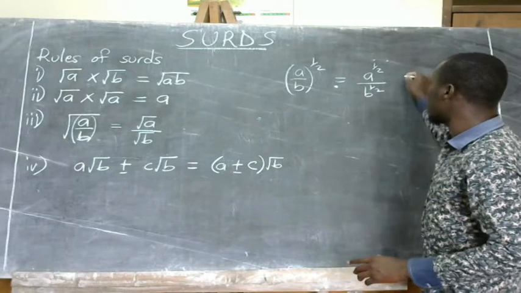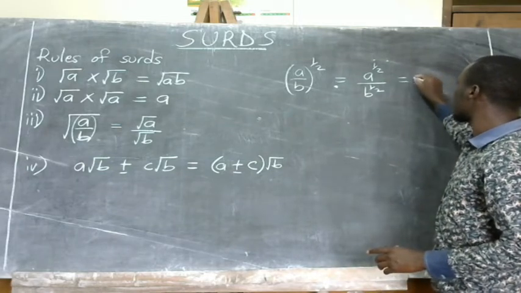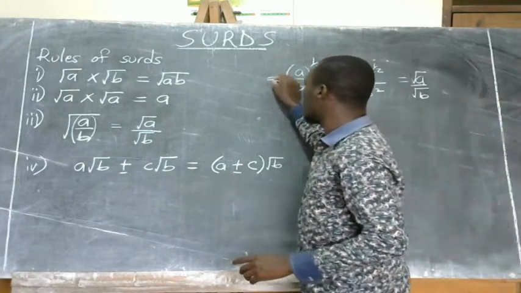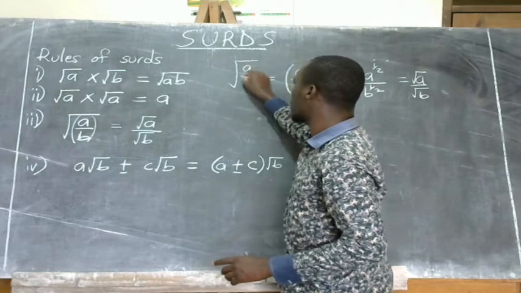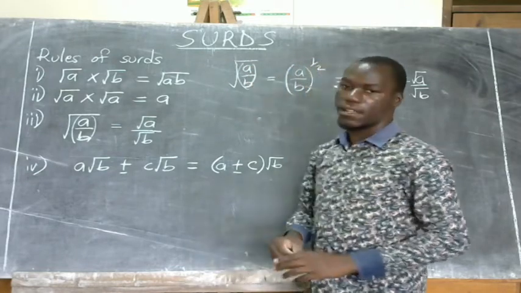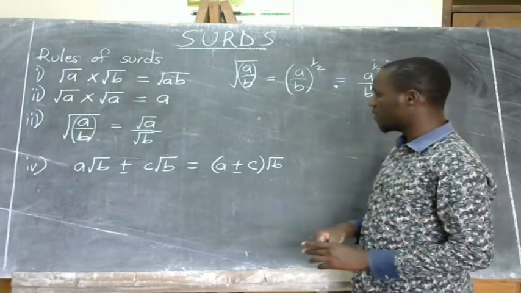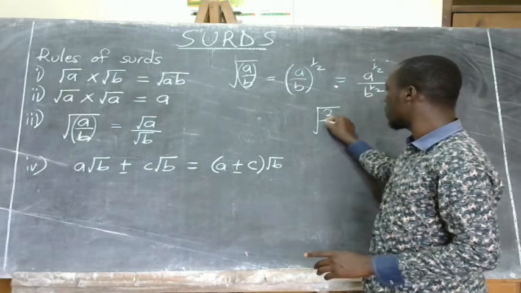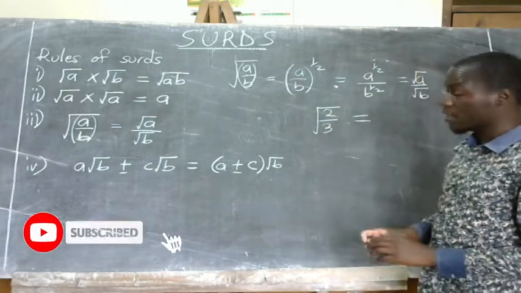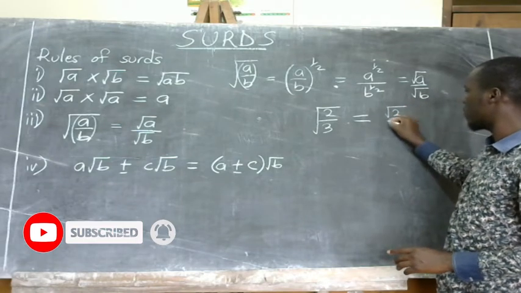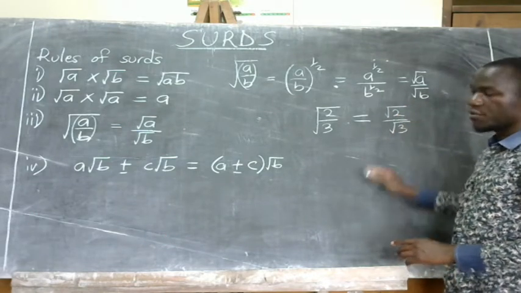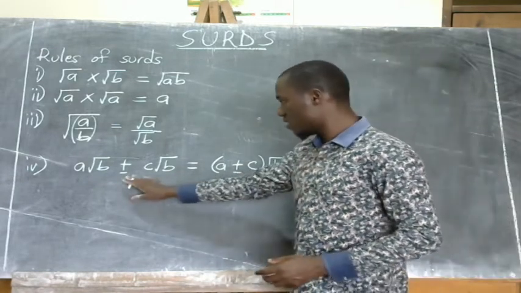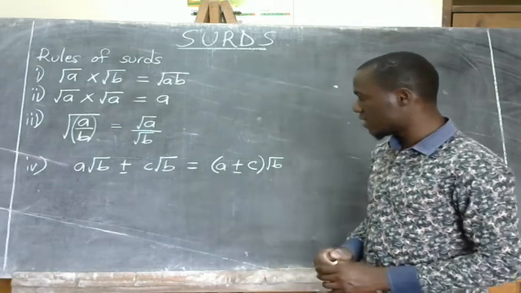So these are the ones that we call the square roots: root of A over root of B. And this one is the one that we have as root of A divided by B. So it is also coming from the indices. So if I have root of 2 divided by 3, someone can say that this is the same as root of 2 divided by root of 3.